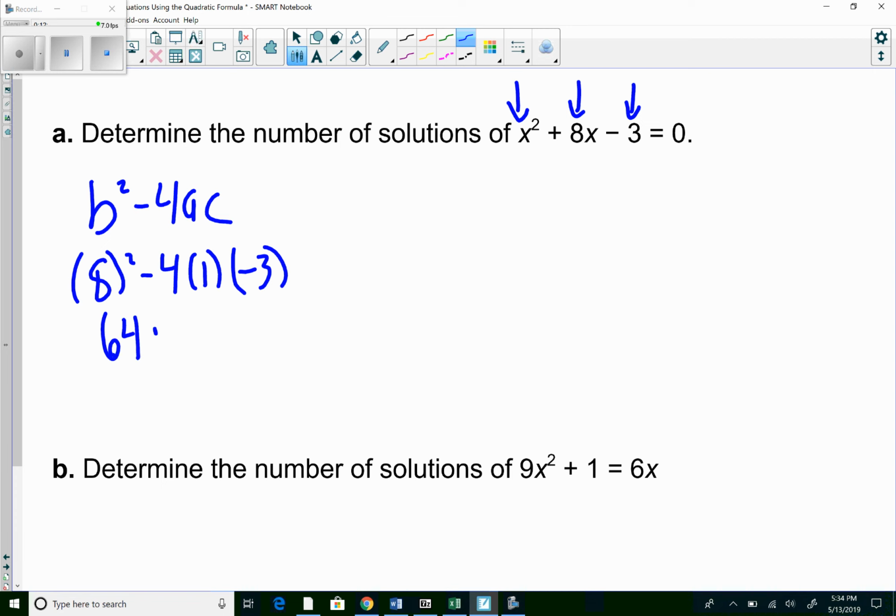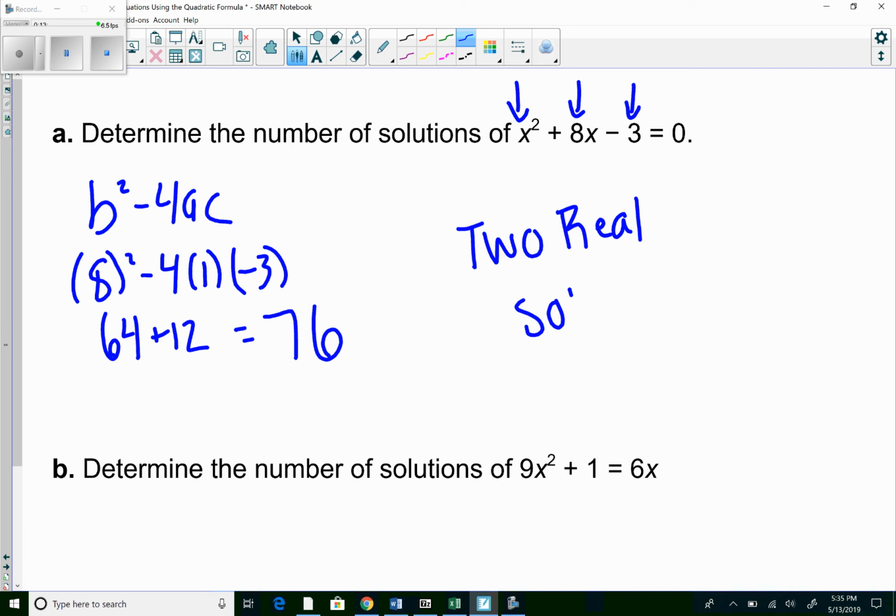Negative 4 times negative 3 turns out to be 12. So you come up with 76. Okay, since this number is greater than 0, you have 2 real solutions.